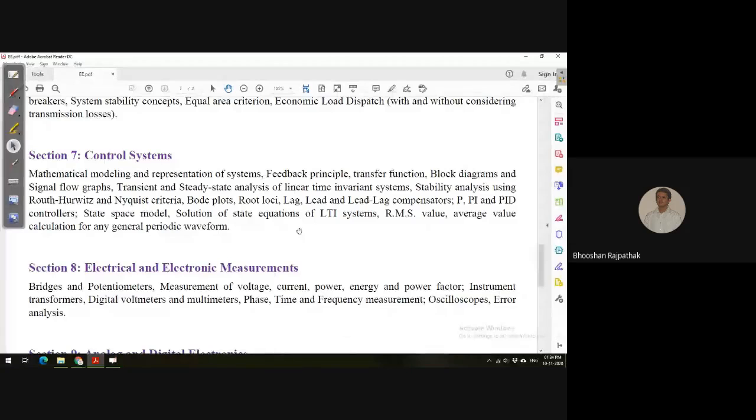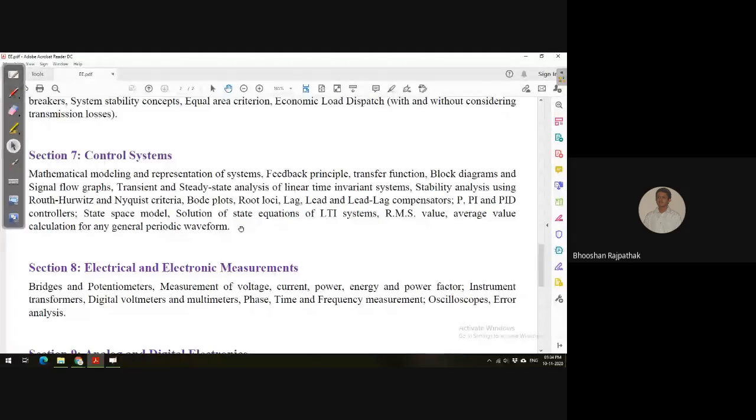The more important point to note is that in GATE only numerical questions are asked. So we have to develop the habit of solving these questions very fast if you want to attempt the full paper or the maximum portion of the paper.